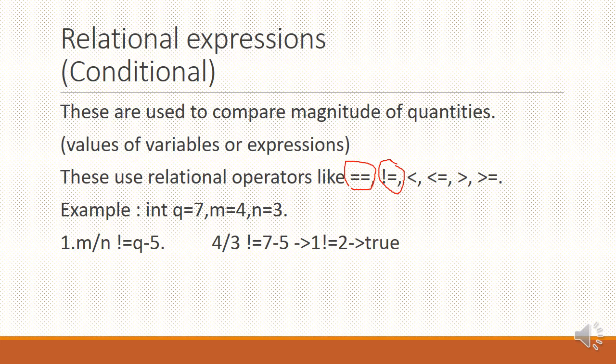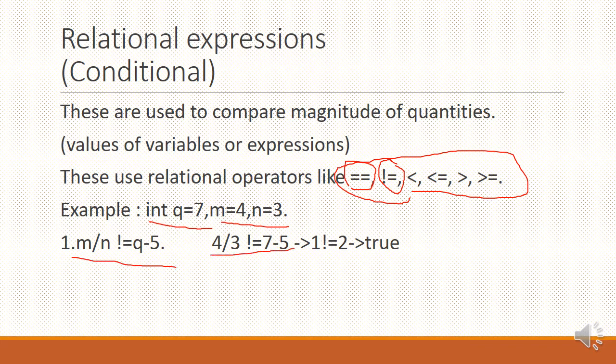I have already explained all these relational operators. Once again, suppose q is equal to 7, m is equal to 4 and n is equal to 3. That is a declaration. Afterwards if you write this type of expression, then it is called a relational expression. These are also called conditional expressions.